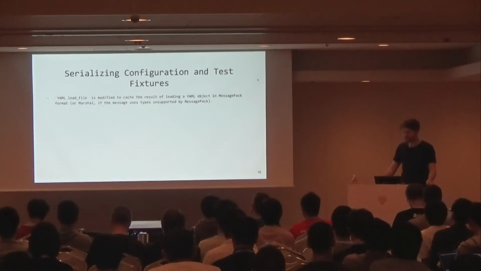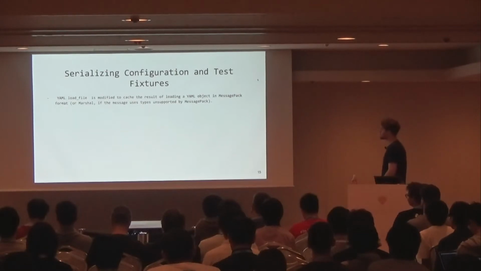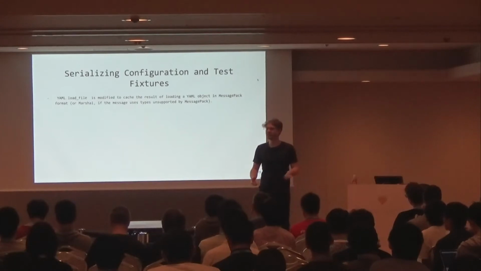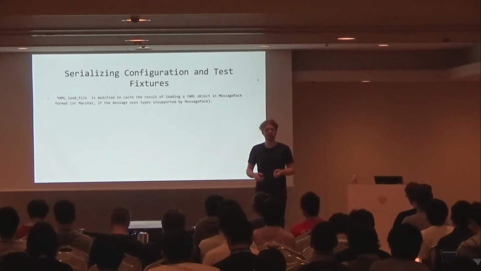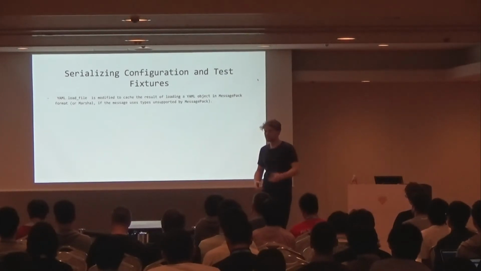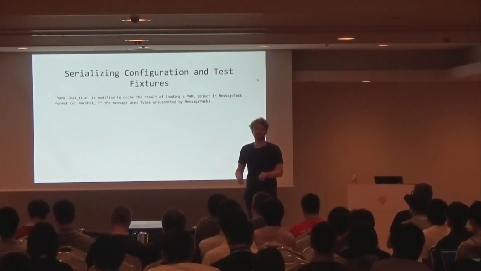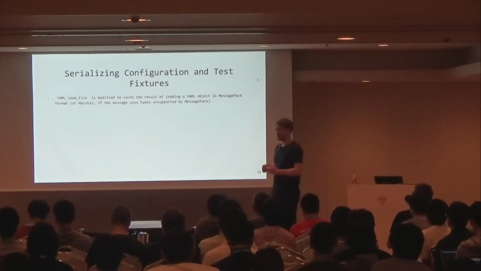Next is actually the serialization of YAML fixtures and other configs. So we noticed that YAML.load_file, which is often what is used, is actually super slow. Even when you use a really fast C extension for this, it's still really, really slow. And there was no way around that.